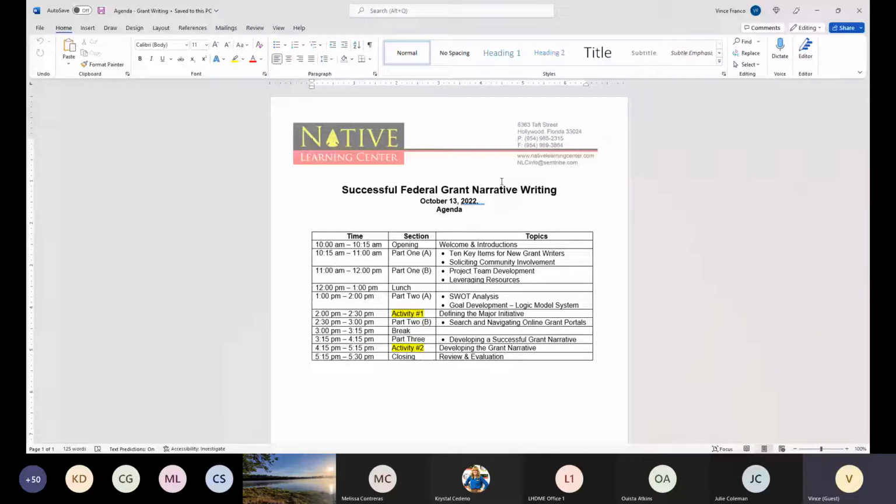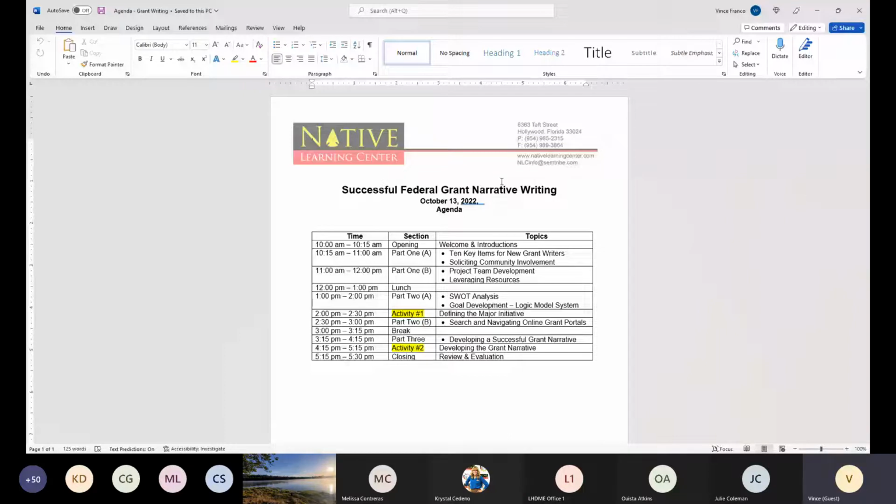And then from there, we'll segue into grant goal development using what's referred to as a logic model system. And I'll get into that in more detail in the early afternoon section, how to develop what's referred to as SMART goals that can transition into a strategic plan, basically, for you to develop a program and move forward.